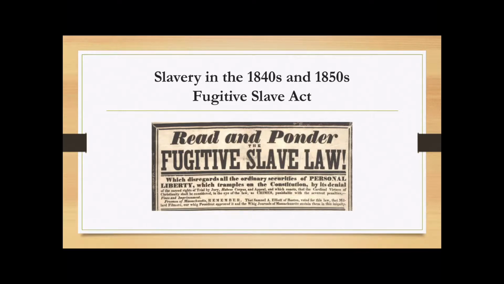Although the U.S. Congress outlawed the African slave trade in 1808, the domestic trade flourished, and the slave population in the U.S. nearly tripled over the next 50 years. By 1860, it had reached nearly 4 million, with more than half living in the cotton-producing states of the South.